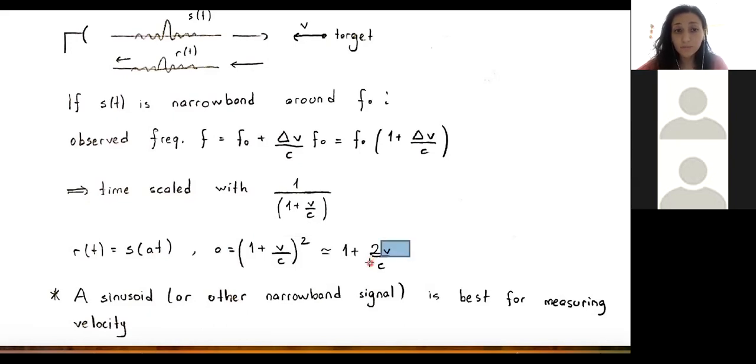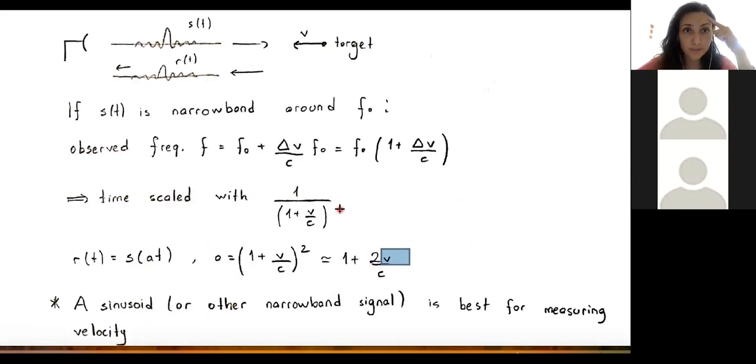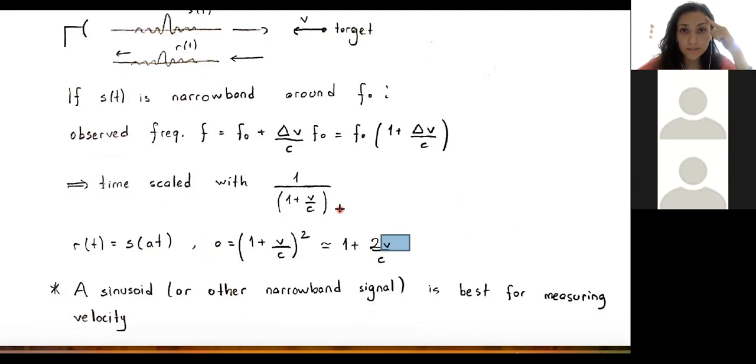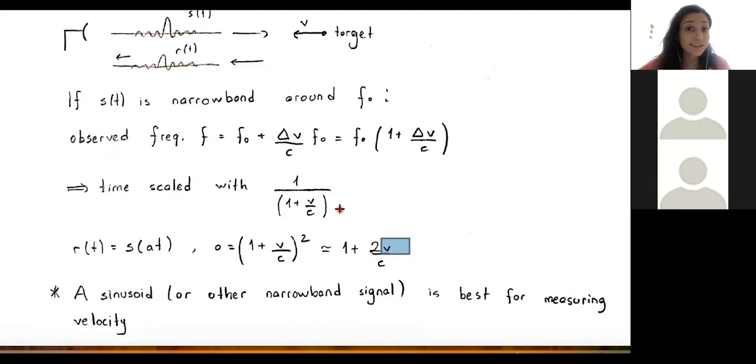Again, if you think about what the S of t signal should be to achieve this in the best way, the best signal will be an impulse in the frequency domain, because you want to understand how much you enlarged a signal in the frequency domain. If you have a peak in the frequency domain, then you will easily identify where that peak moved.